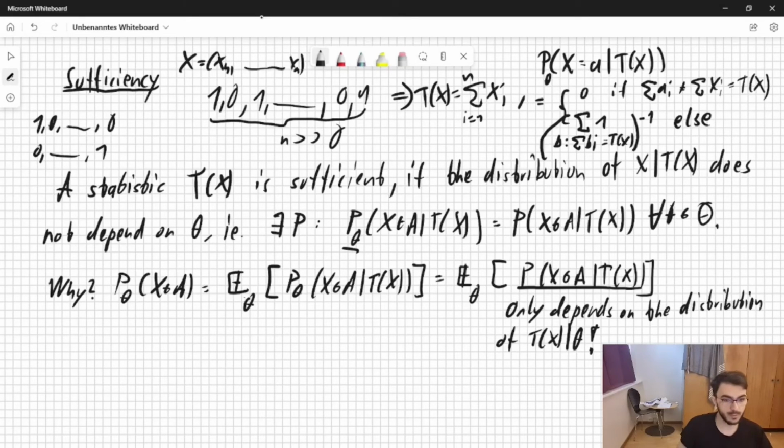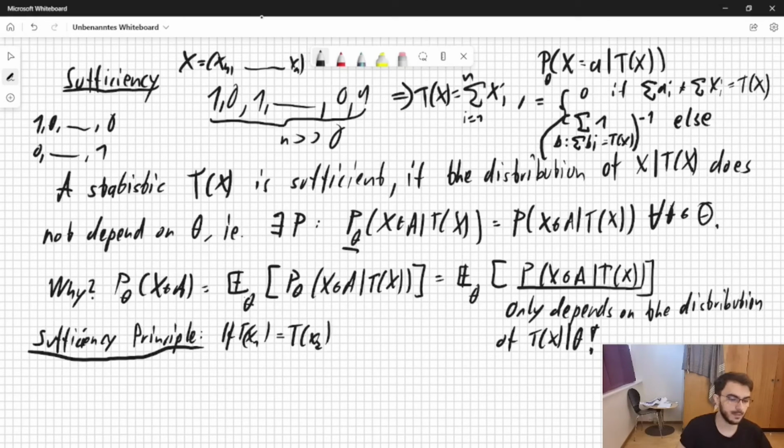And then the sufficiency principle says exactly what I just said. If we have two values, x1 and x2 of our sample, and the sufficient statistics of both of these values are the same, inferences are the same.